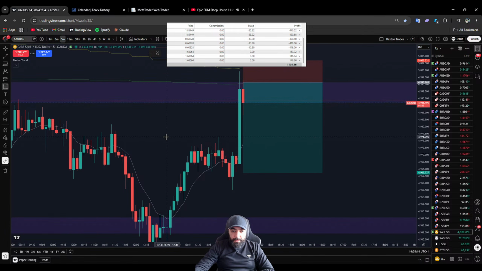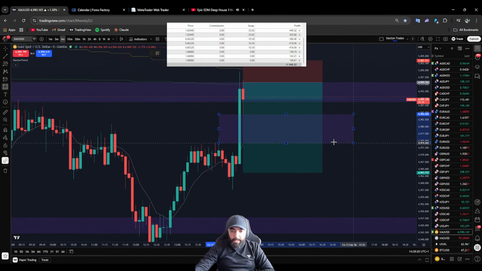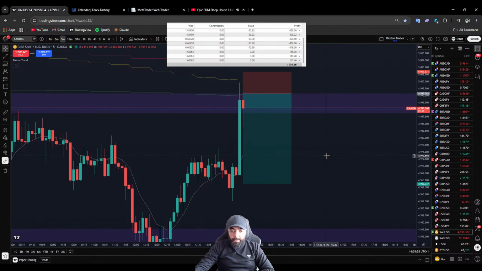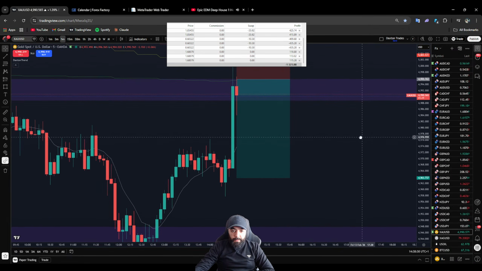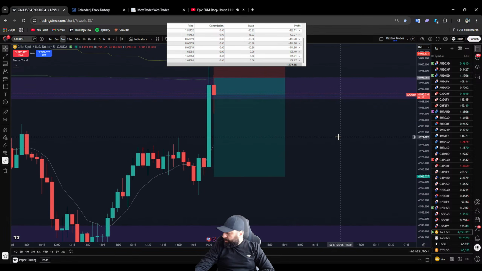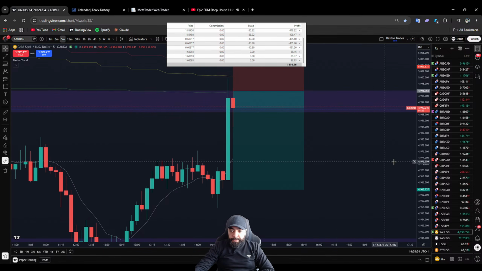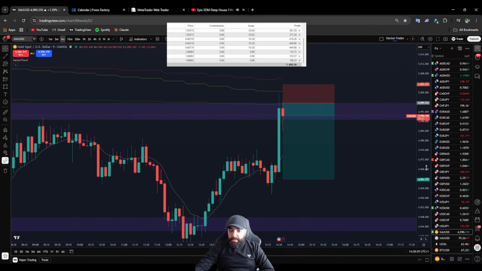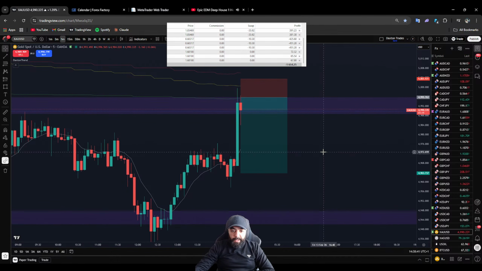Because there is a huge imbalance here. Price needs to go down to fulfill these orders down below. I just need the price to go up a bit so we can have a good entry.